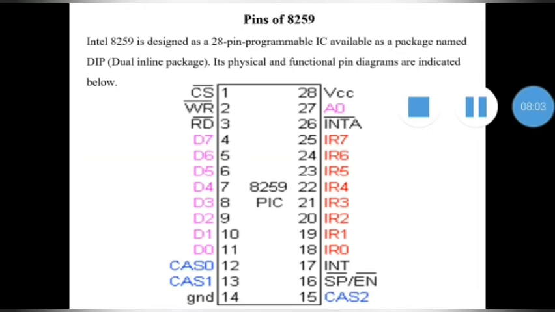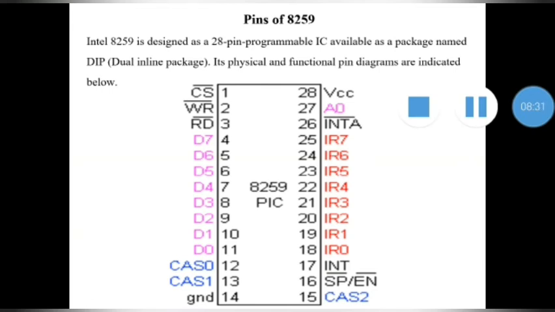Now the next pins, from pin number 18 to pin number 25, are the interrupt request lines. These pins act as inputs to accept the interrupt request to the processor.